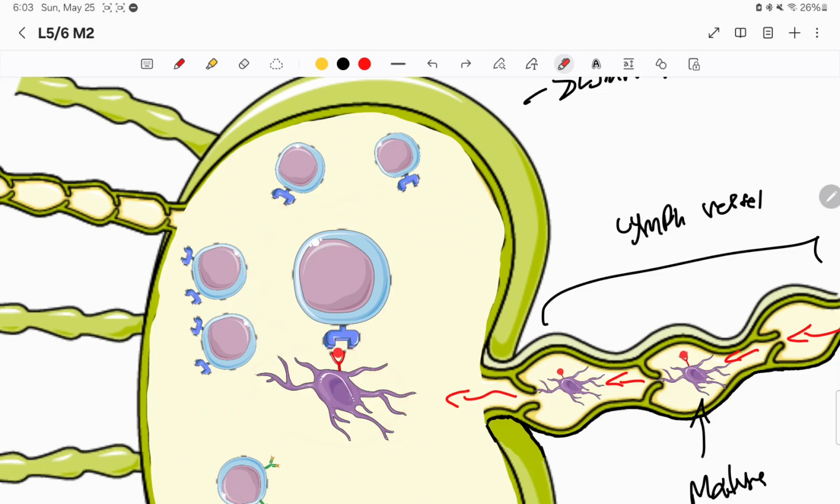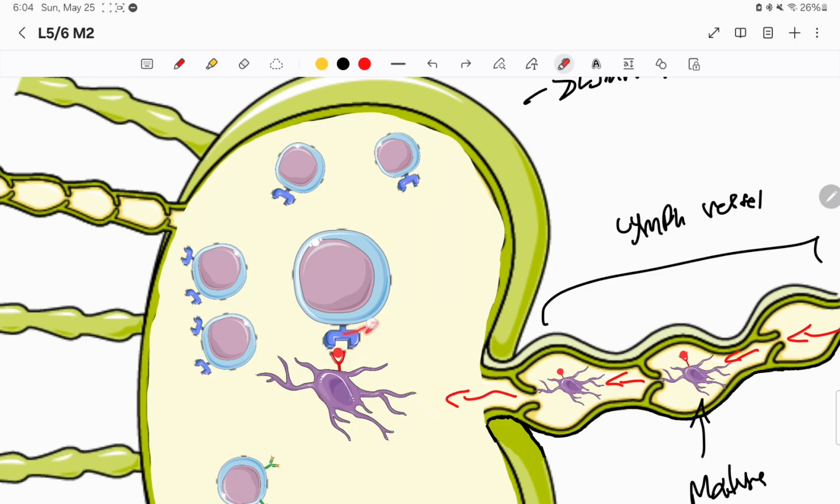Out of these 5, only this one guy has a T cell receptor that is very specific to our antigen. The other ones are either not very specific to it or just completely not specific to it. Okay? This one, though, is extremely specific to it. And so he will bind completely with the MHC and the antigen being presented.